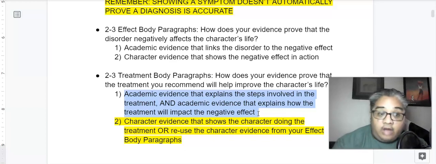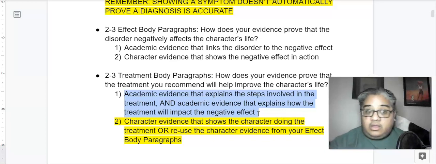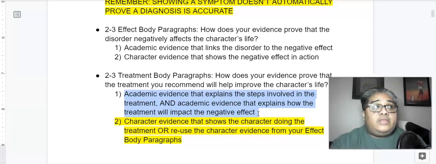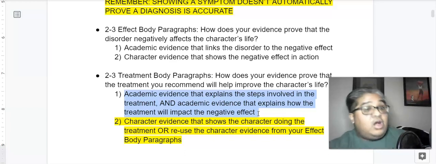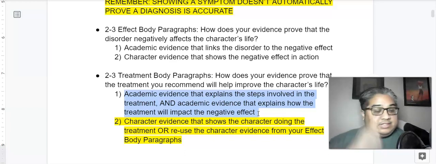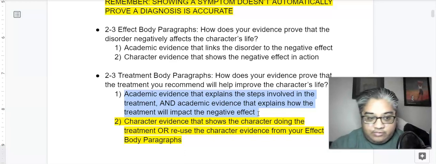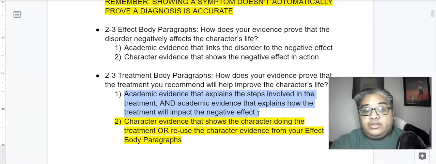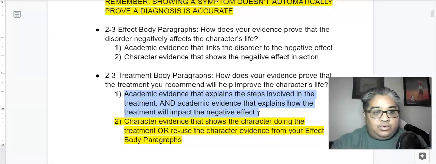A lot of you are not going to be that lucky, and so you're not going to have the evidence that shows the character doing the treatment. They haven't gone to therapy in any of the scenes that you have, or any of the episodes that you've seen, or any of the films that you've watched, or any of the books that you've read, right?